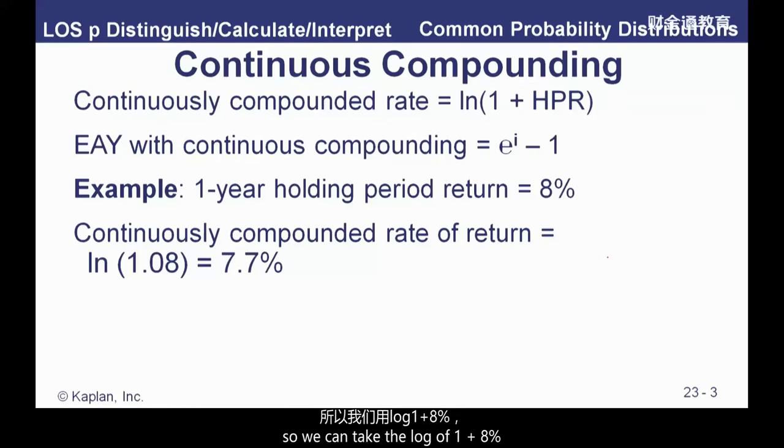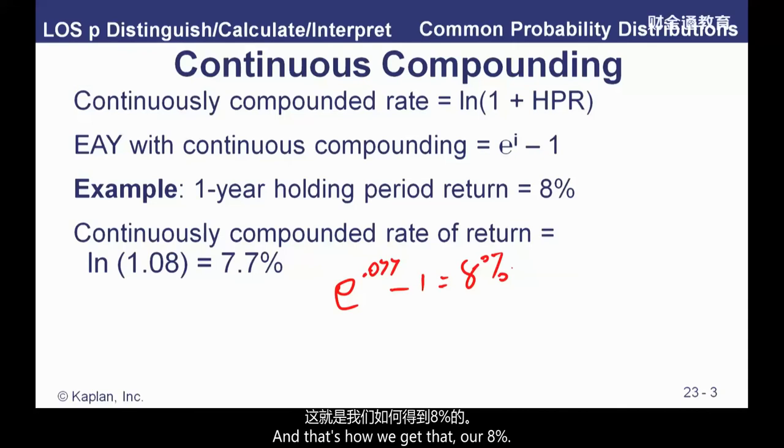So we can take the log of 1 plus 8%, 1.08, and get 7.7%. So if the stated rate were 7.7%, then the effective annual yield would be e to the 0.077 minus 1. And that's how we would get back our 8%.